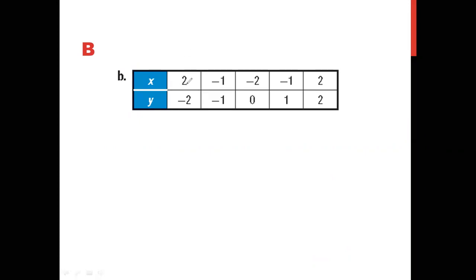in Y. Number 2 has the image of -2. Number -1 is paired with -1. -2 is paired with number 0. Number -1 again is paired with number 1. Now, number -1 has two images. The first image is -1.